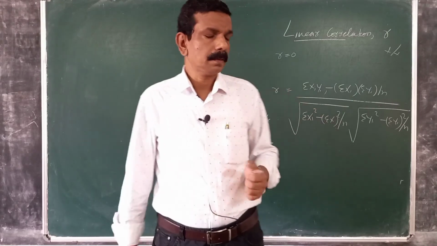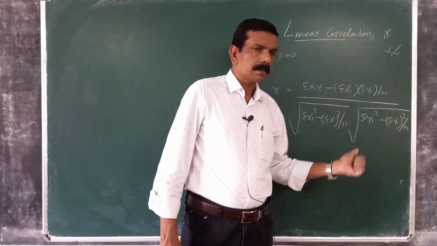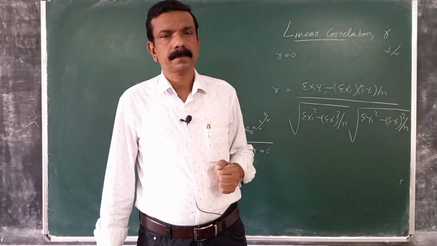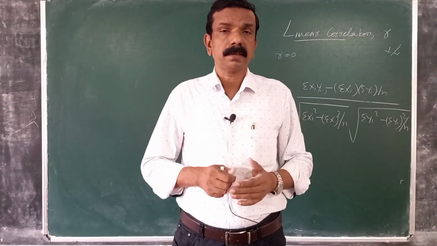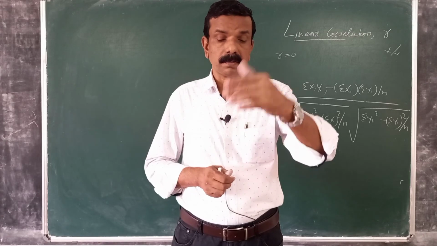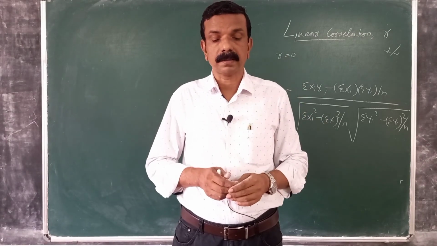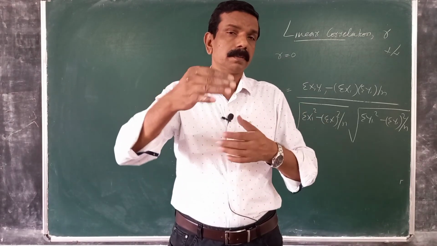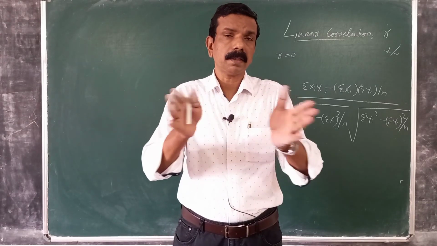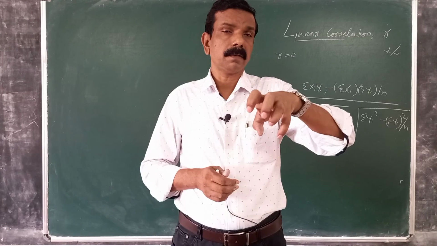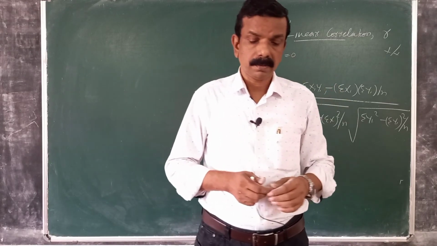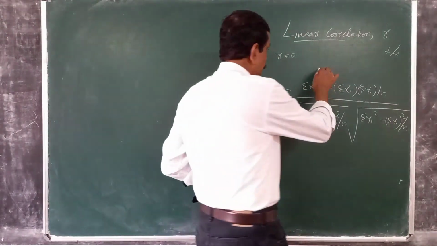Another point is, correlation does not mean causation. Correlation between two variables does not mean that x is the cause of y or y is the cause of x. It is also possible that there will be a correlation between two variables because both variables are correlated with a third variable, known as a lurking variable.